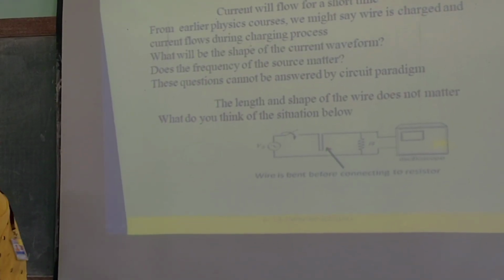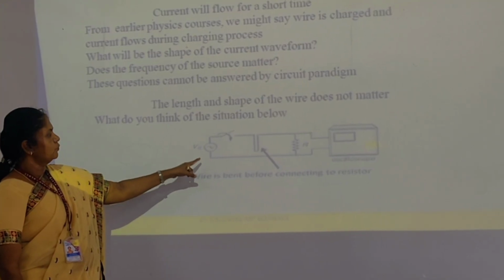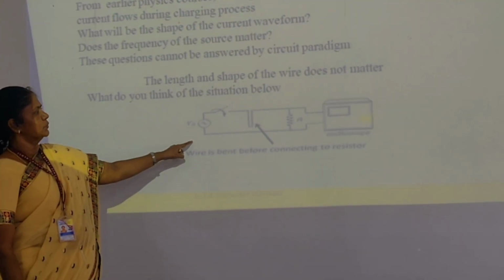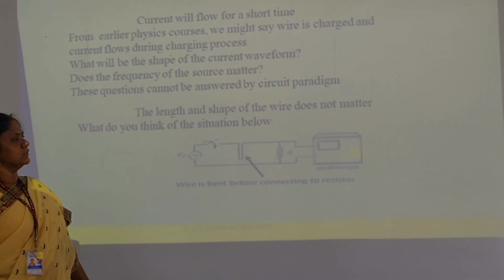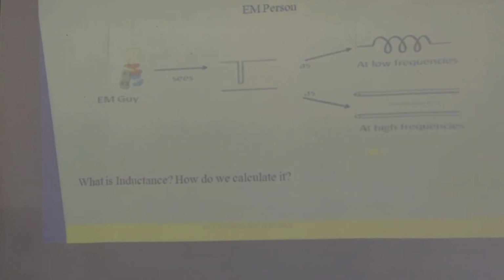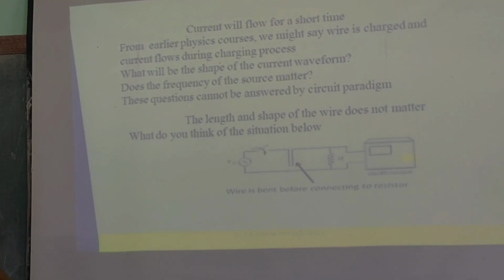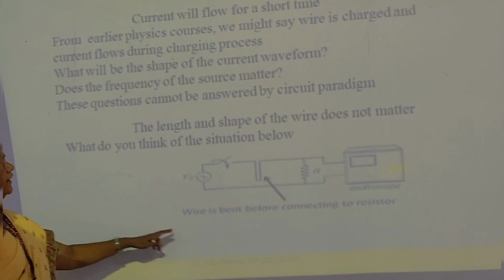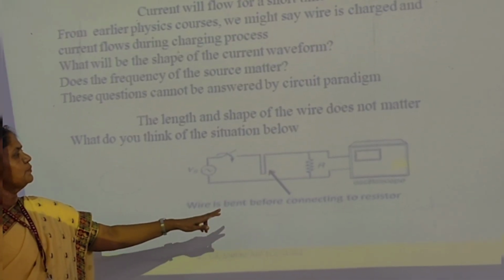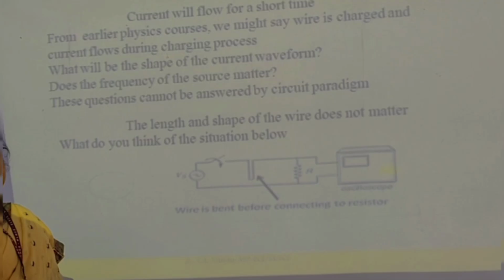Now consider the circuit. The wire is bent. This bent wire is connected to a signal source, and it is connected to a pair of resistors, and you have got an oscilloscope. Now, this bent wire will mean nothing in circuit theory, whereas in electromagnetic field theory, this bent wire will act as a transmission line at high frequency and as an inductor at low frequency.